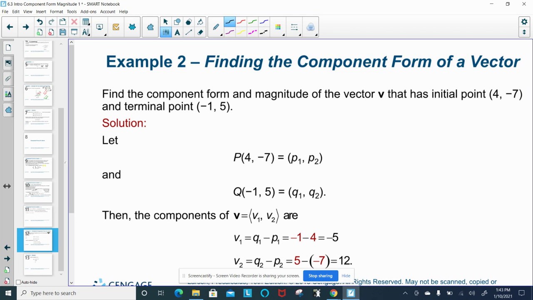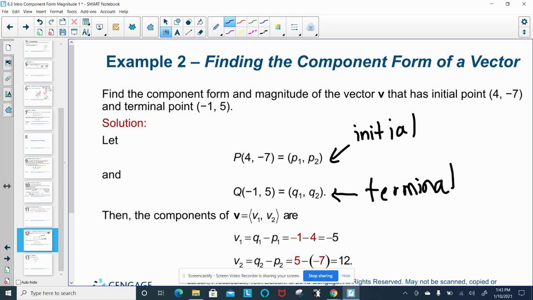And again, here is the initial point. And here is the terminal point. And in order to find the components, we're doing terminal minus initial.